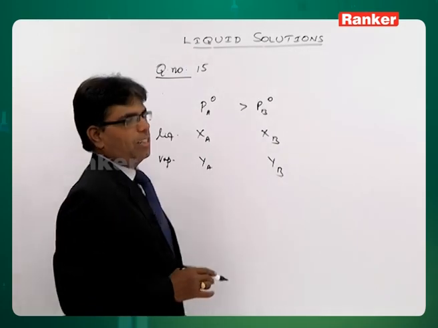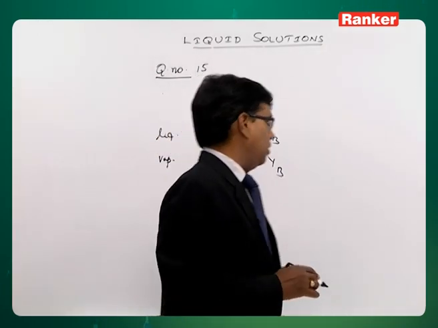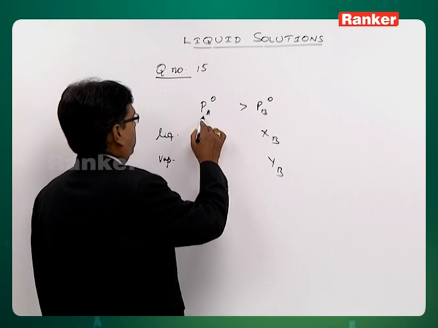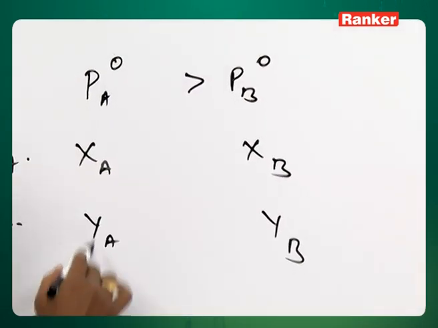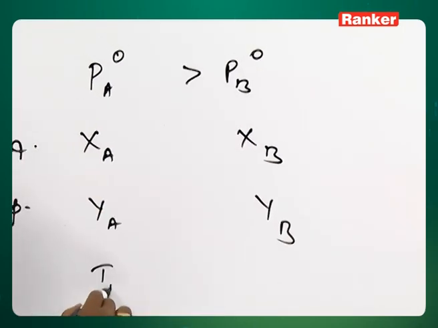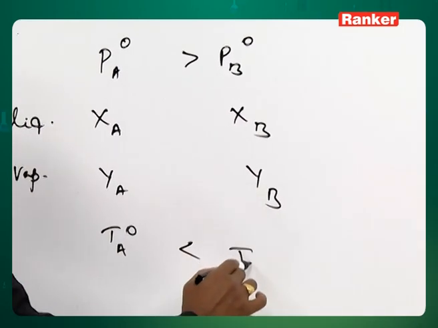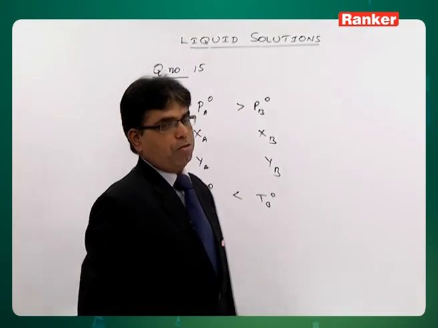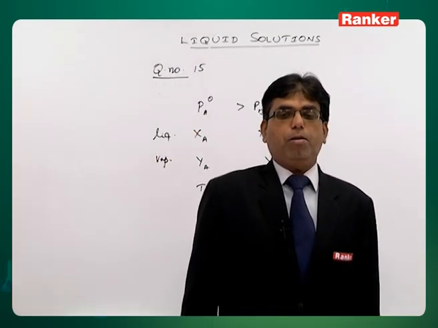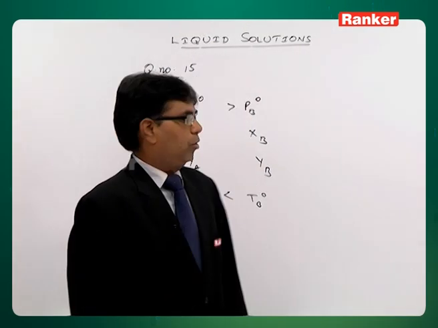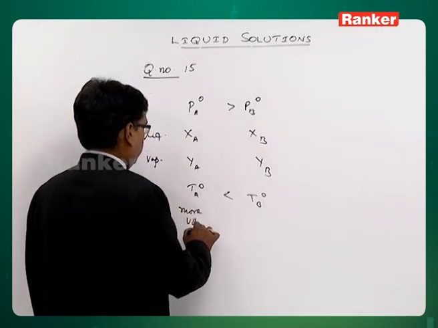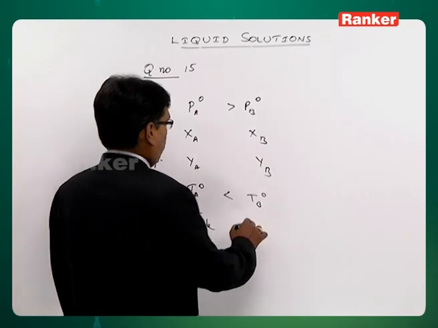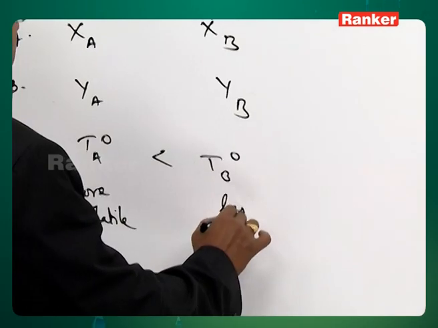Now, because PA naught is greater than PB naught, that means vapor pressure of A is more than vapor pressure of B, that means TA naught will be less than TB naught. That is, the boiling point of pure solvent A is less than the boiling point of pure solvent B. So, that means A is more volatile compared to B. B is less volatile.